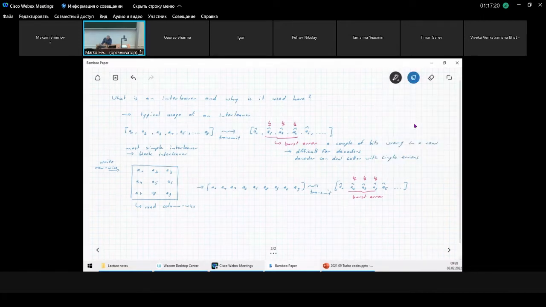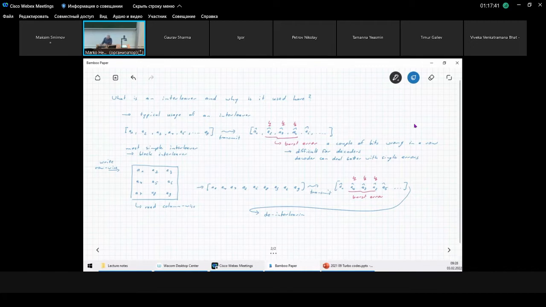But of course, what would follow here is the de-interleaving. Again, use this block interleaver, write the data in, read out to get the order as we had it before.